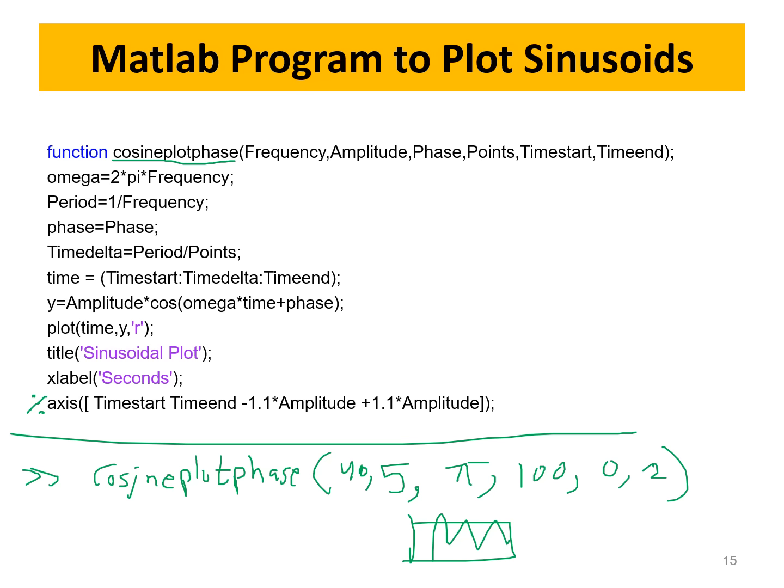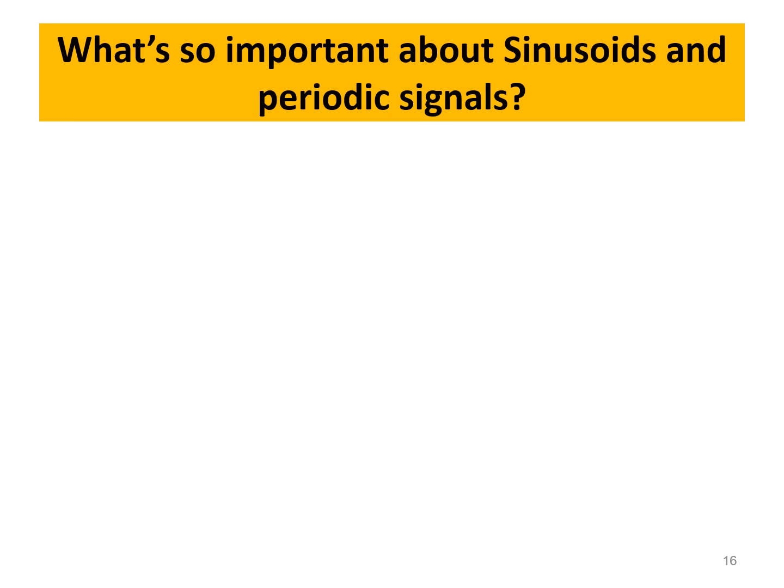Now here are just applications of how we are plotting, similar to what we did before with the cosines and the sines. So what is so important about sinusoids and periodic signals? Why is it important for biomedical engineering? Remember, any periodic signal that's important, like an ECG, can be broken down into a summation of a lot of sinusoids. And you can look at the frequencies of these sinusoids with the Fourier transform.